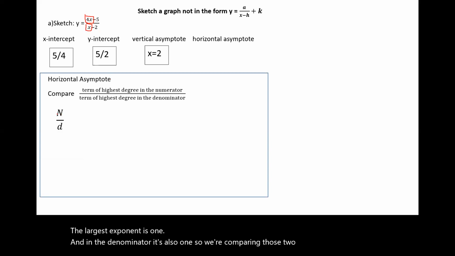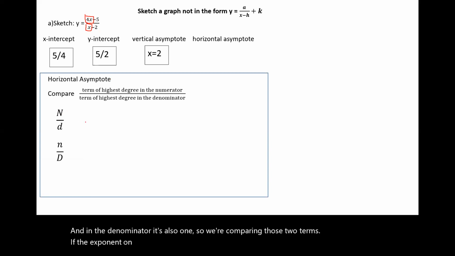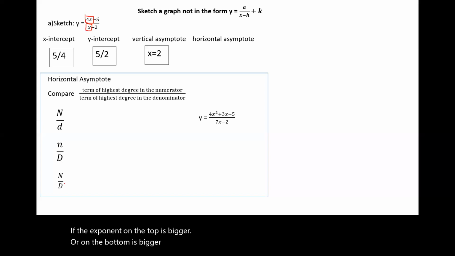The exponent on the top could be bigger, or the one on the bottom could be bigger, or they're the same size. Example, x squared is bigger than 7x. 2x squared is bigger than 3x.